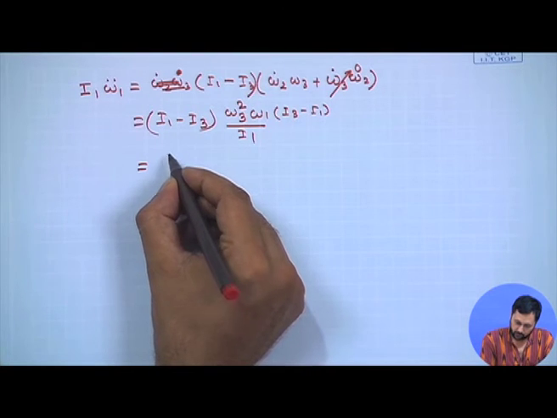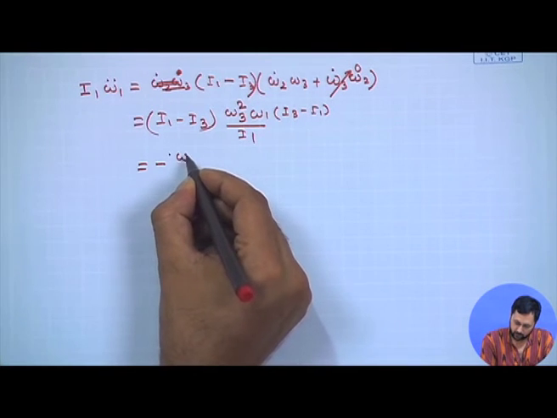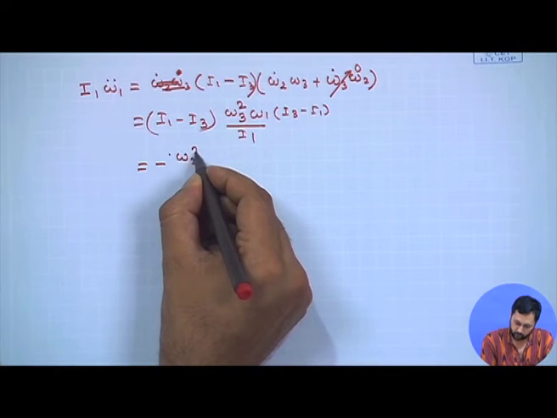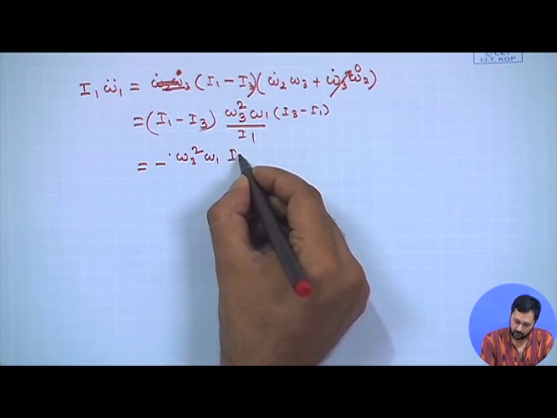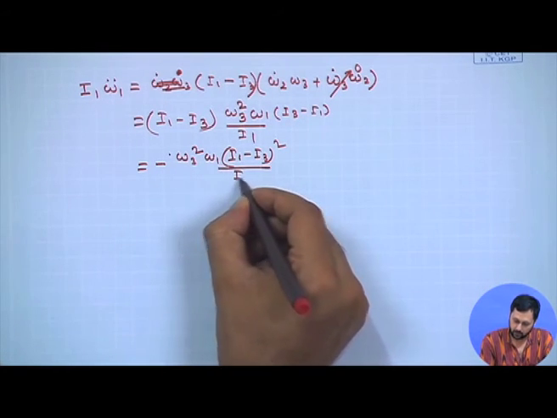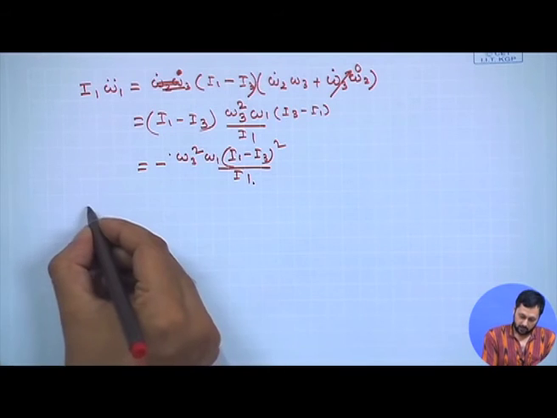This can be written as minus omega 3 square omega 1 (I1 minus I3) whole square by I1, right?